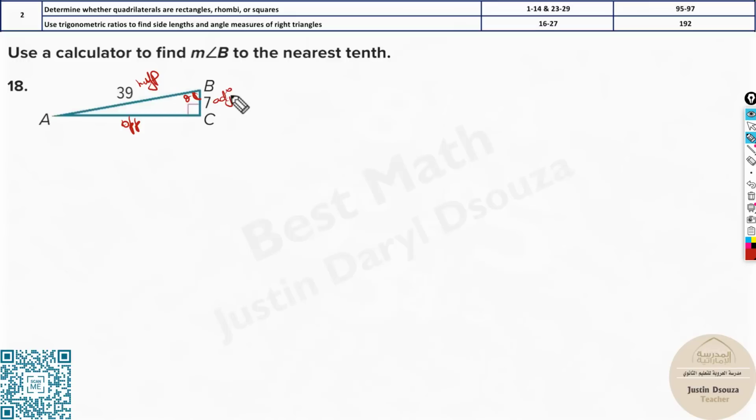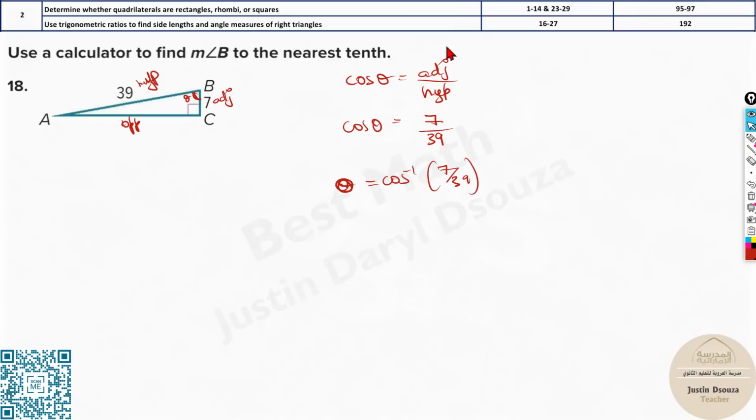So again, hypotenuse and adjacent is given by cosine theta, that is adjacent by hypotenuse. So I'll substitute. Cosine theta is equal to 7 divided by 39. You have to just take the inverse. So theta is equal to cosine inverse of 7 by 39. You put it in the calculator and get the answer.